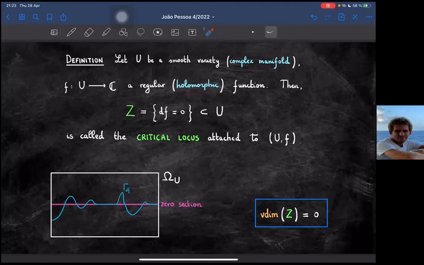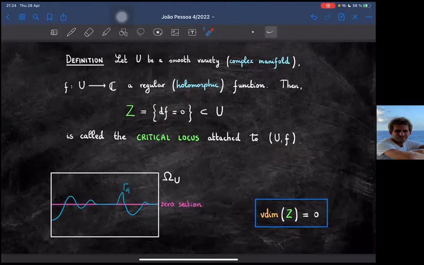And once you have such a function, well, you have the exact one form df. So this is a section of the cotangent bundle, and you can look at its zero locus. Well, the zero locus of this exact one form is called a critical locus. It's canonically attached to the pair (U, f).